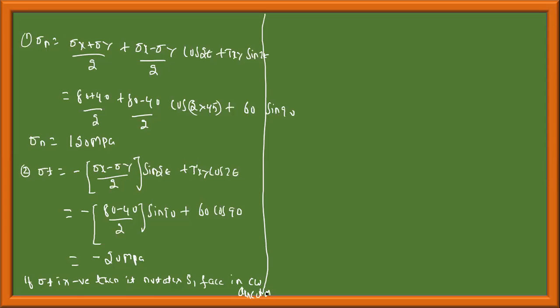If it would have been positive, it would have rotated in the anti-clockwise direction. Sigma t or tau, we can say. Okay, we have made that.